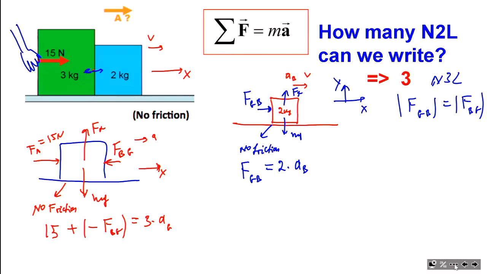Now we have to say something about these accelerations. Say something about these two accelerations, please. You asking or telling? So tell it. They should be the same. Why? Because they move together. In this situation, they're not connected by a string, but they're connected by this interaction.